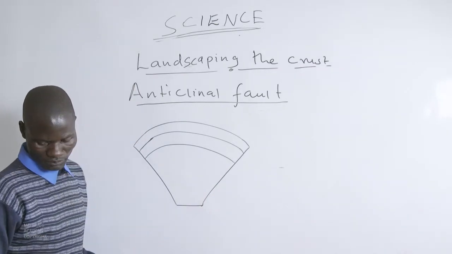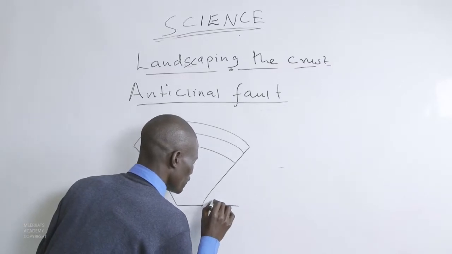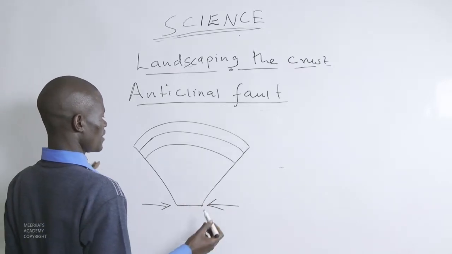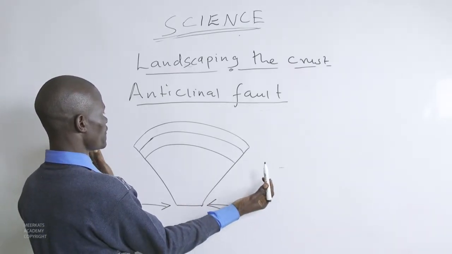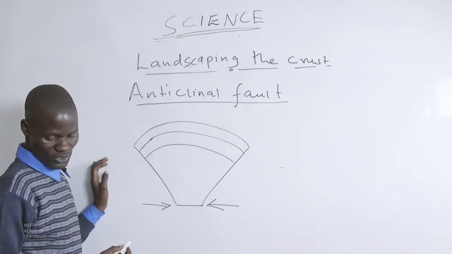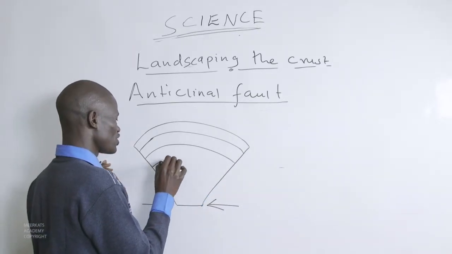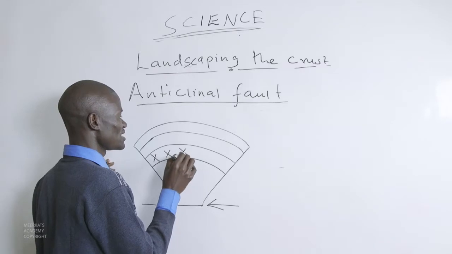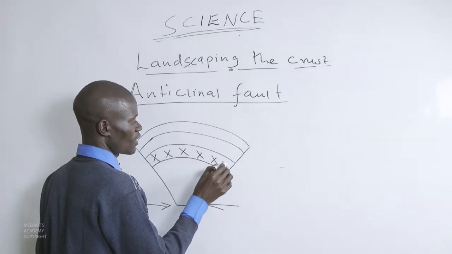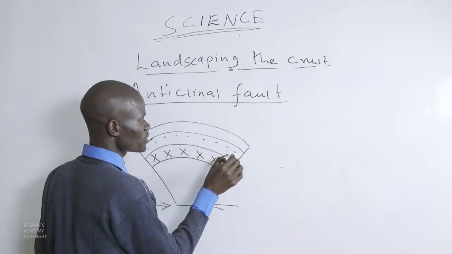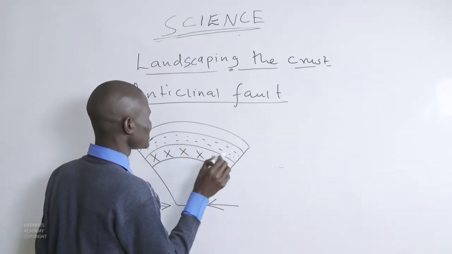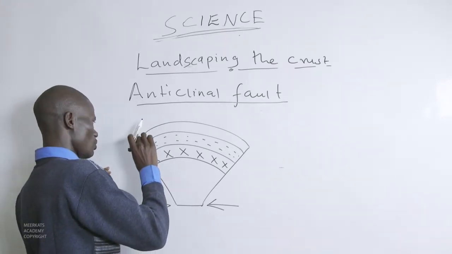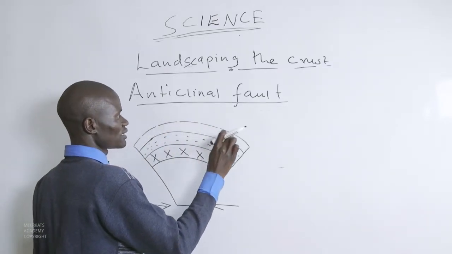Now, when compressional forces work on these crustal rocks at equal magnitude, it may force these crustal rocks to compress to form what we call the anticline. And when the anticline is produced, there will be a further anticlinal fault that will develop on the Earth's crust.